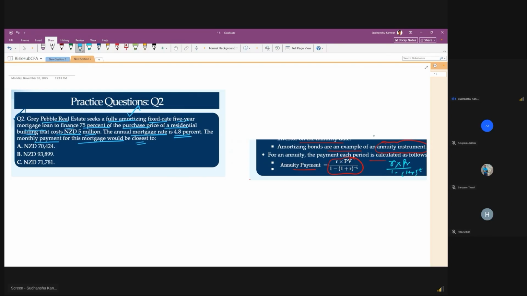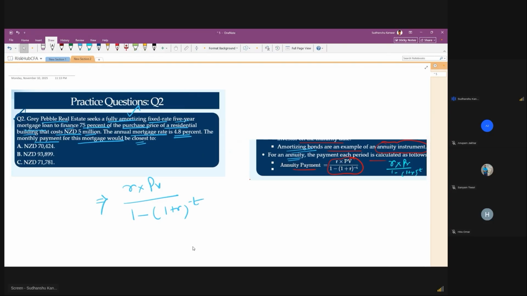So it's an amortizing bond, and for an annuity, the whole thing is R into PV over 1 minus 1 plus R to the power minus T. First you have to remember this formula.